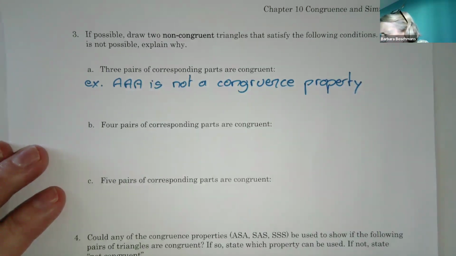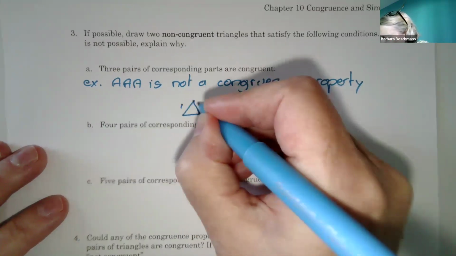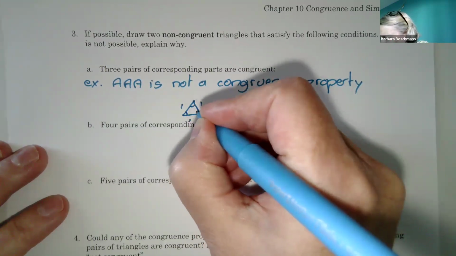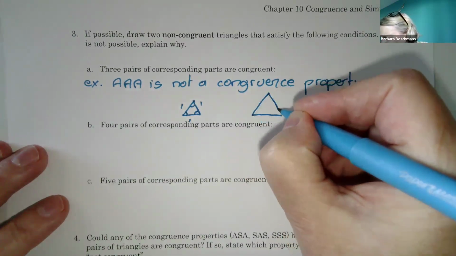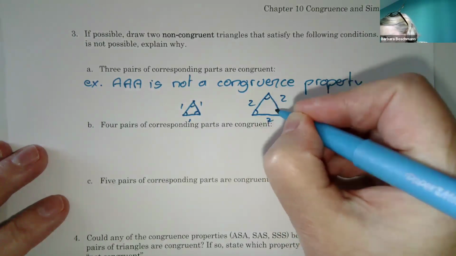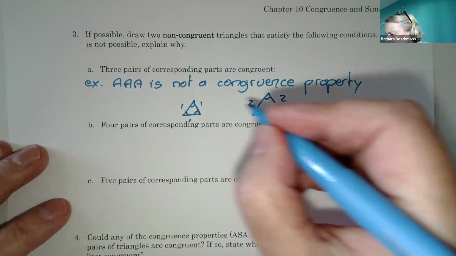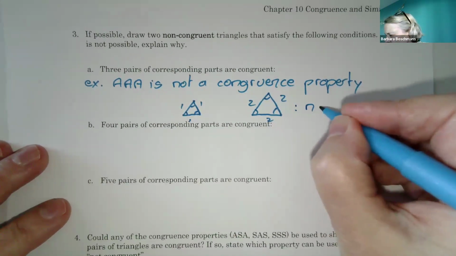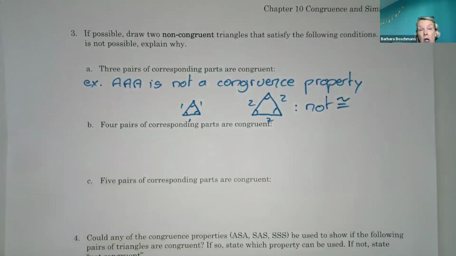So I can draw, for example, an equilateral triangle, 1, 1, 1, where all the angles are 60 degrees. I can draw another equilateral triangle, 2, 2, 2. That has 60-degree angles as well. But these are not congruent.